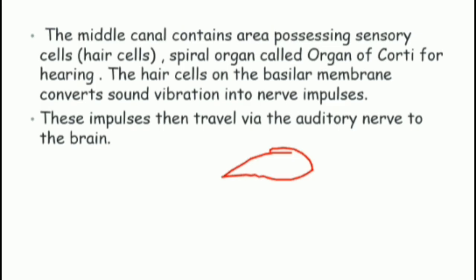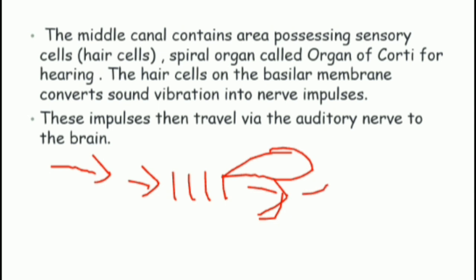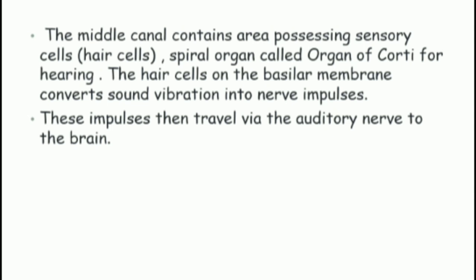convert these sound waves into electrical impulses. Okay, so these sound waves are coming, and the hair cells help in converting them into electrical impulses, and then they get transported to our brain through the auditory nerve.